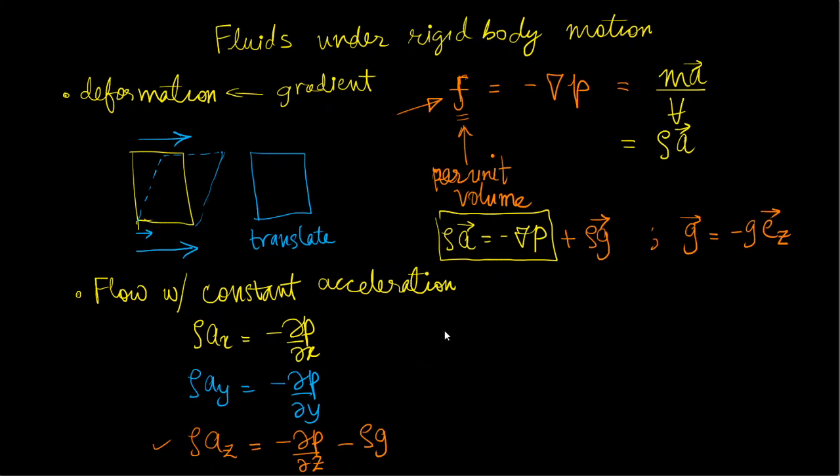So now let us look at how we can use these equations to solve a very simple problem, that of a sloshing tank. Let us consider a tank as shown in the problem.